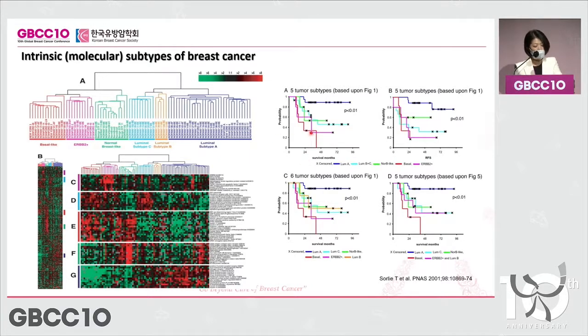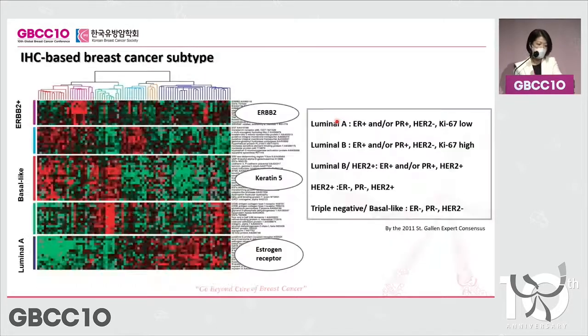For basal-like or ERBB2 positive, the prognosis is quite negative. So at this point in time, it was a very sensational research result. Whether we were going to subject all patients to this type of evaluation or not was in discussion at the time.